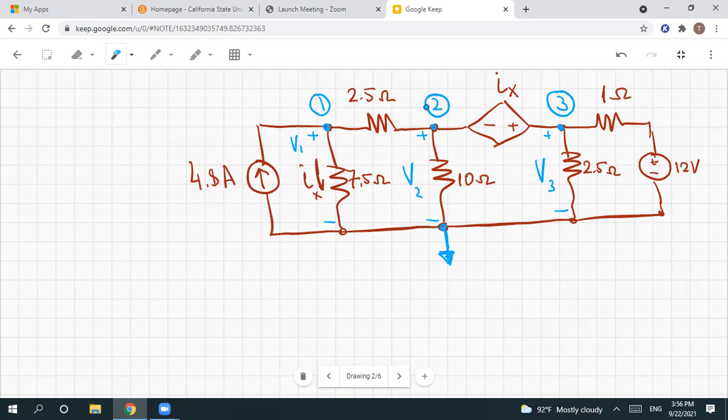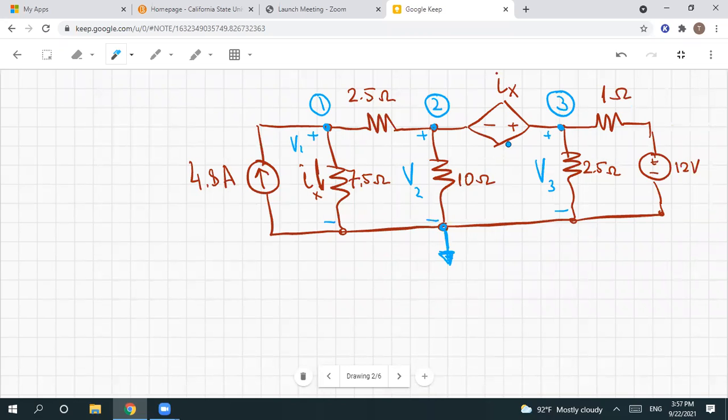For this second node, I can express this current, I can express this current, but here I have another voltage source, and I don't know what is the current inside this voltage source. And although I know the voltage difference between these two nodes, I don't know what is the resistance in this branch in order to express this current through Ohm's law.